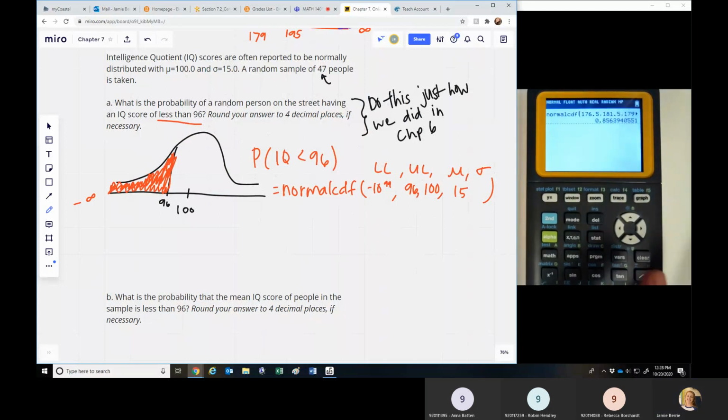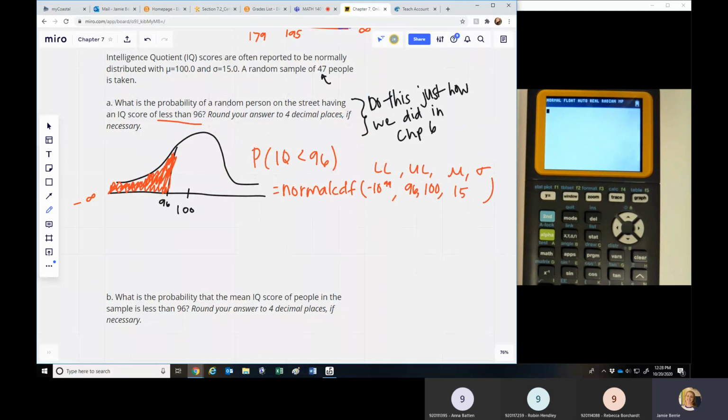All right, so clear that out. Go to second vars, takes you to the distribution list. Go to normal CDF, lower limit negative 10 to the 99, 96 for the upper limit, 100, 15. So that's what it should look like if you typed it in manually.